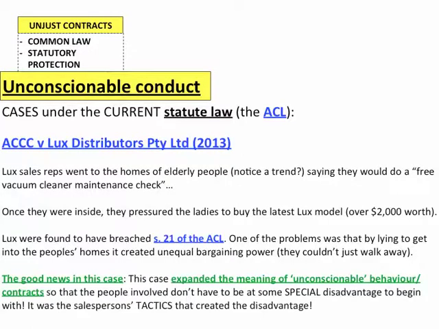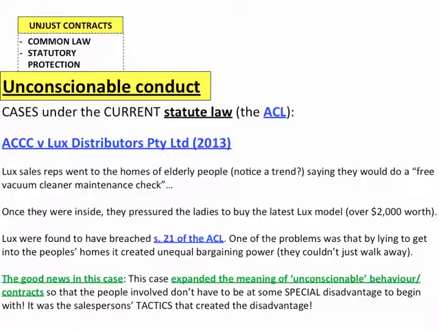Now, the good news here is that it expanded the meaning of unconscionable behavior so that people didn't have to be at a special disadvantage. It was the tactics that created the disadvantage. So elderly people are not necessarily at a disadvantage. But what the court decided was that the salesperson created the disadvantage by turning up at this person's house.